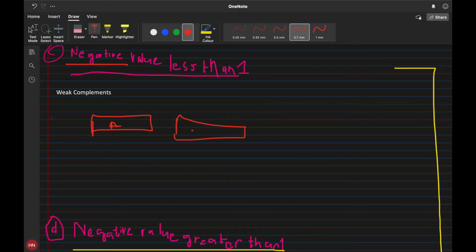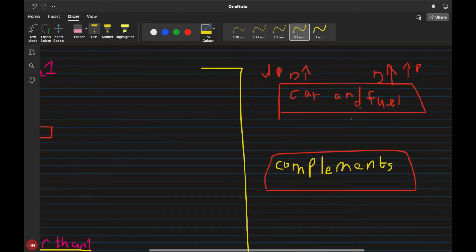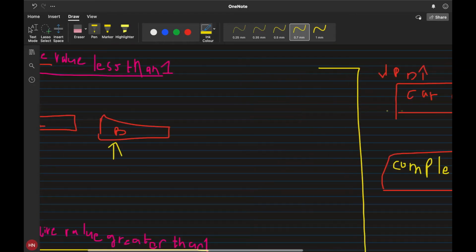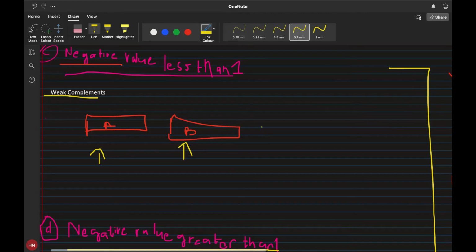So let's say if people were to consume good A over here, then they do consume good B, but not necessarily, since they're weak complements. Unlike in this case, when people obviously buy cars, they buy fuel as well. Now, if there was a change in price of B, let's say the price of B goes up, the demand for A will go down, since people consume both of these goods in tandem.